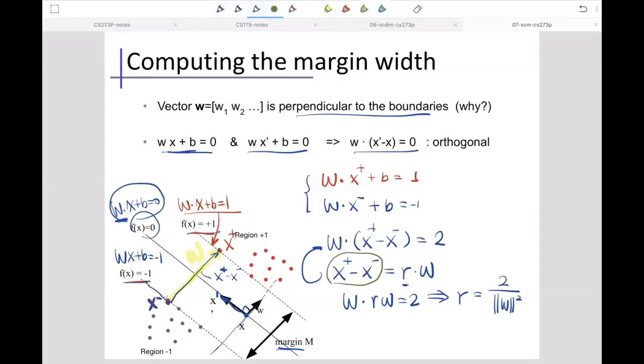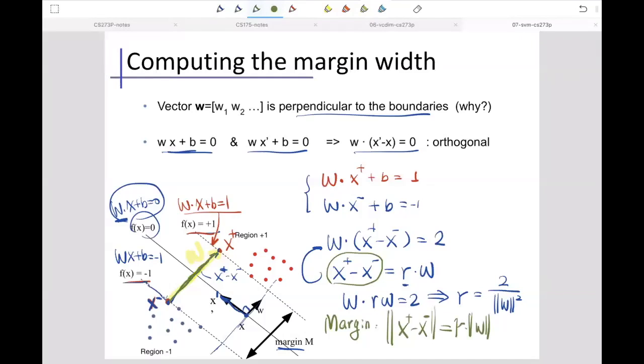The margin is the quantity I'm interested in. The margin is going to equal the length of x plus minus x minus, and I want to calculate that length. This length is going to be equal to r times the length of w itself.